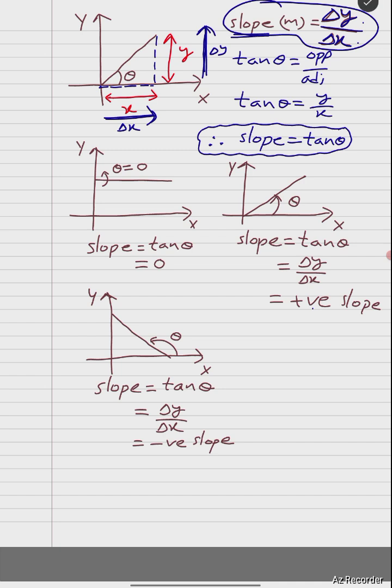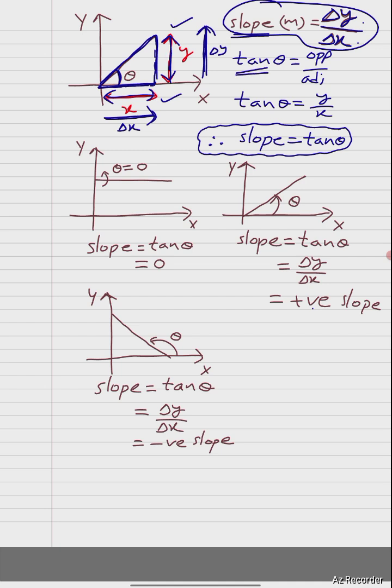Okay, now delta y is what? In terms of trigonometry, now see, if you make a triangle over here, out of this graph, here y is the opposite side of this triangle and x is the adjacent side of this triangle. So what is the ratio that involves opposite and adjacent? Correct, that is tan.